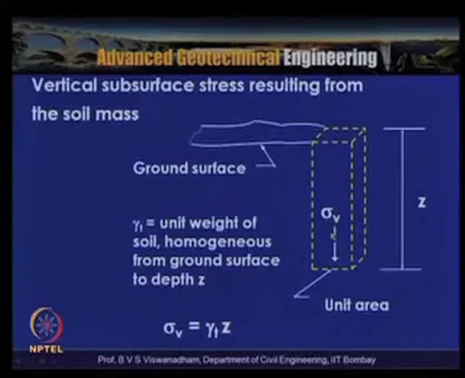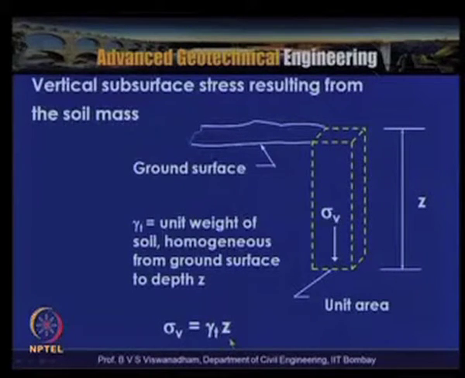Sigma v is the weight of the soil in this zone divided by the unit area. If gamma t is the average unit weight of the soil in this zone, then gamma t times the volume of this element divided by the cross sectional area, which is unit area. So, sigma v is equal to gamma t z.